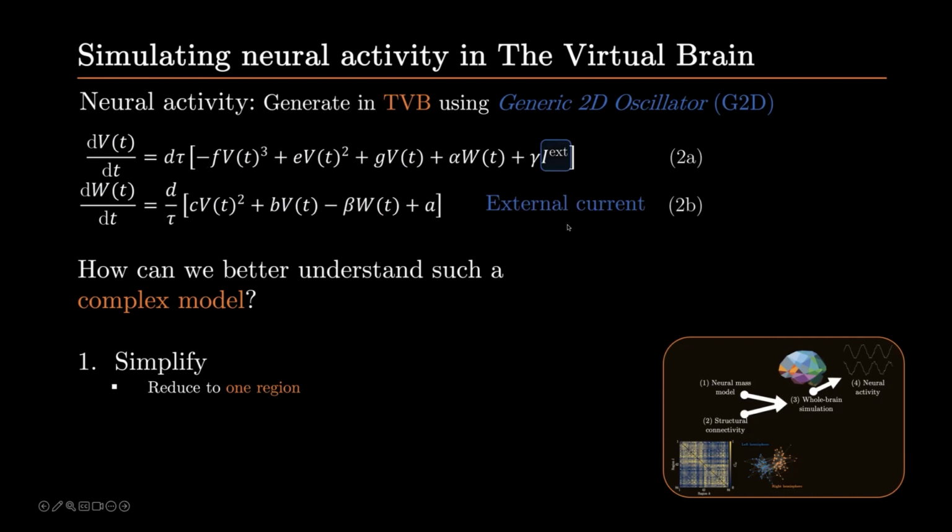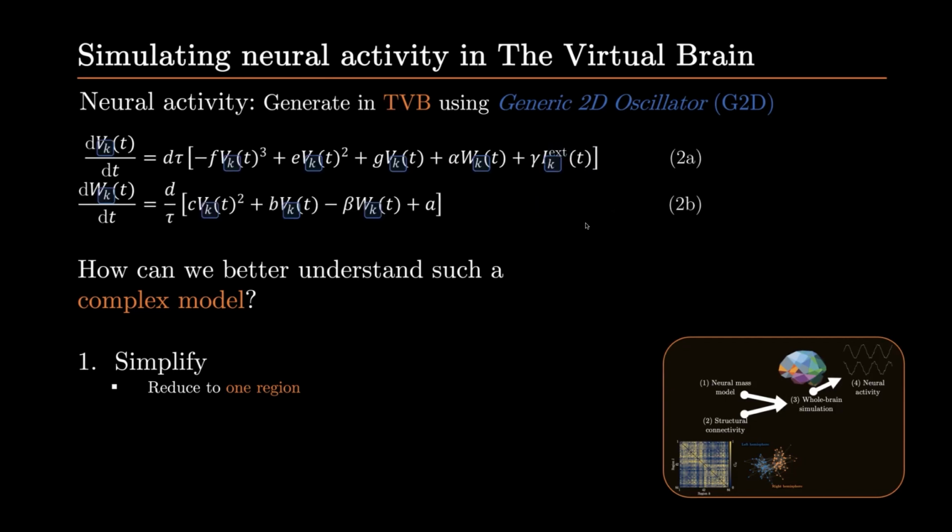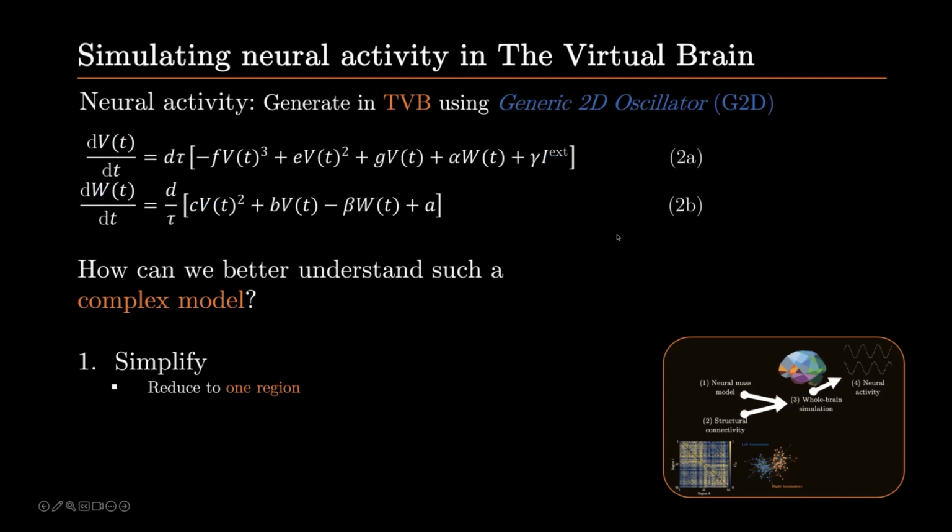Then we notice that there is a parameter in this model, which is the external current. Before reducing this to a single region, this external current is time dependent. Now, since it's a single region, the external current is not time dependent anymore because nodes do not receive network input.